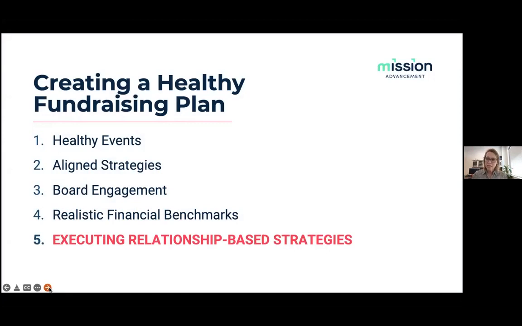Okay, the last factor here is then execution of that relationship-based model. So if you think about the pyramid again, and the bottom of the pyramid, where we've got a lot of names and people who come to us through different campaigns and events and things, execution then of identifying those people and beginning to engage in relationship-based strategies is the most important work for a development team to do.